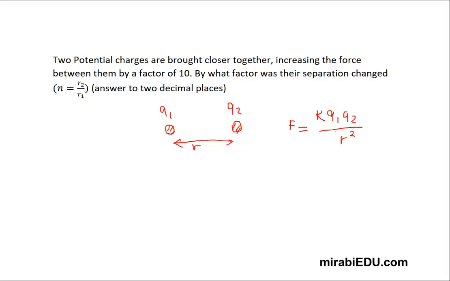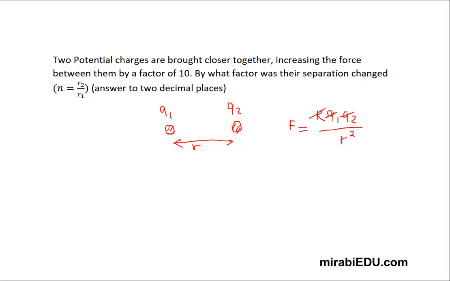So this is Coulomb's law. K is a constant, which is roughly 9 times 10 to the 9. Q1 and Q2 are point charges expressed in coulombs, R is a distance expressed in meters, and F is force expressed in Newtons.